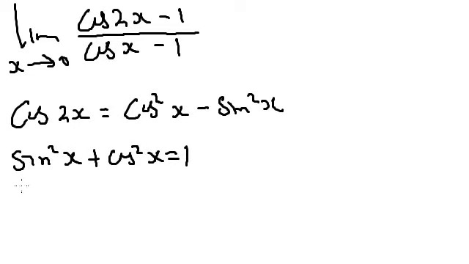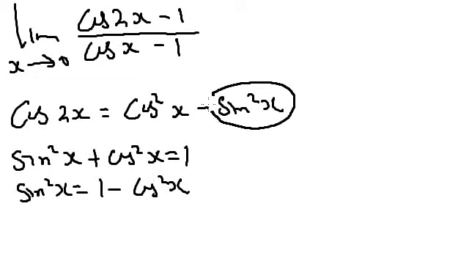Which implies that sine squared x is equal to 1 minus cos squared x. So what I would like to do is to replace sine squared x with this expression right here. Therefore, okay, let me consider this like that.